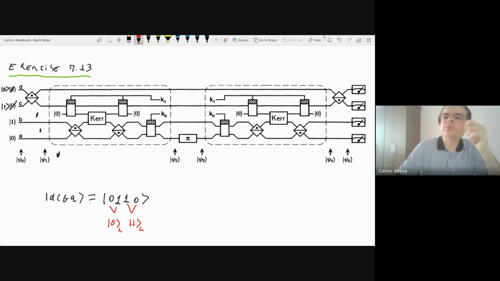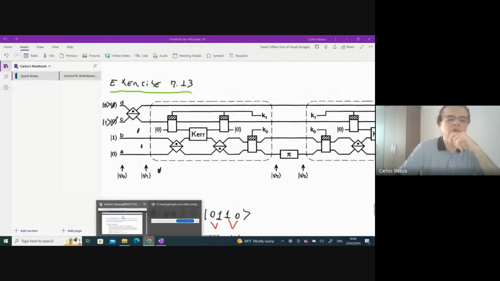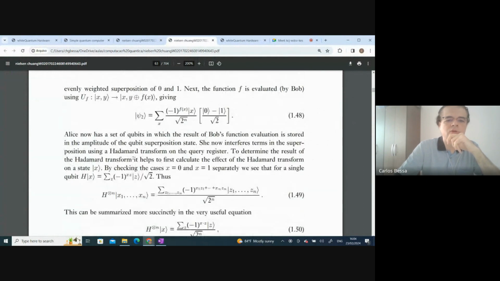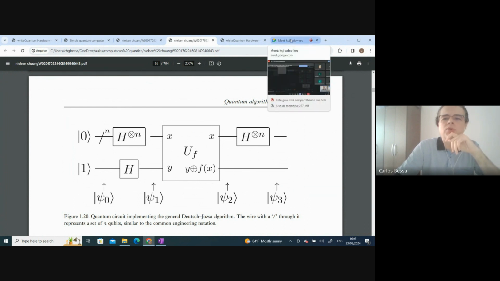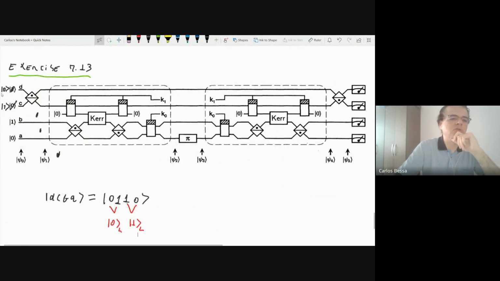That's to agree with what the book, when explaining the algorithm, considers: in the top 0 and in the bottom 1. But this is the logical. So it's not vacuum, not photon, it's just the logical 0, 1. It's not decided what it is. In our case, in optics, in the dual rail representation, in the top this is the 0, and in the bottom this is 1. Okay?